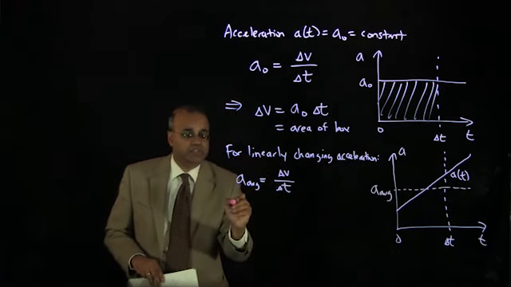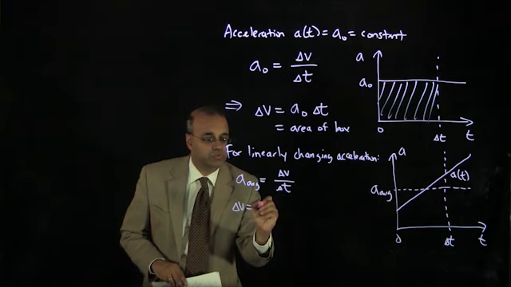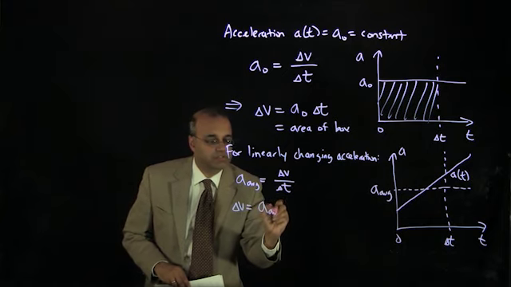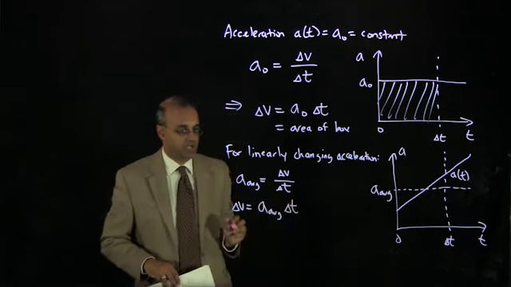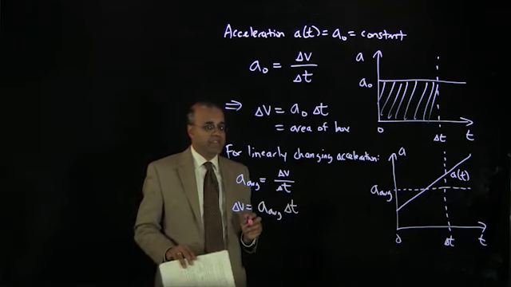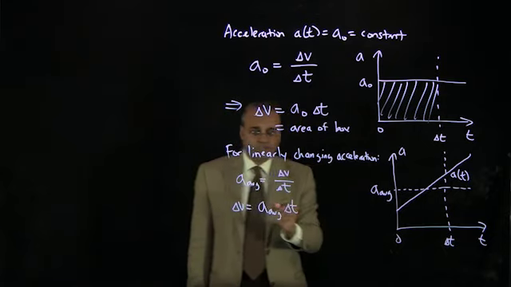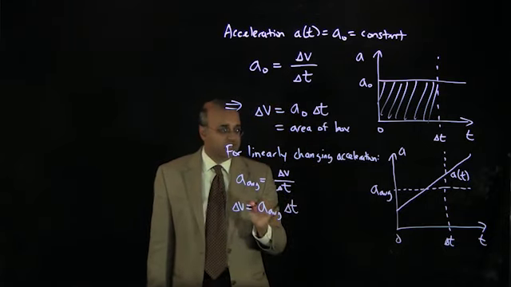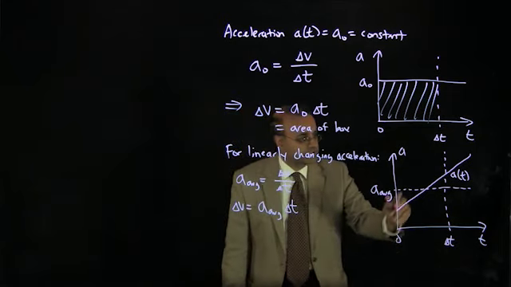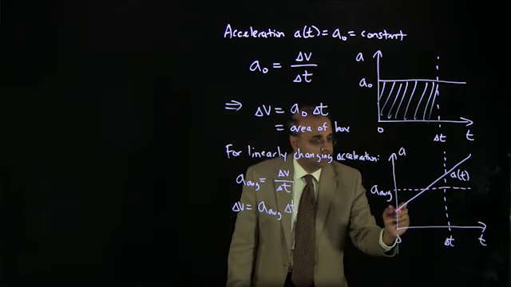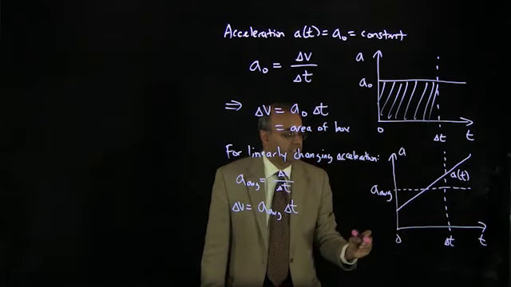And so the change in velocity, delta v, is equal to the average acceleration times the elapsed time. And this time, notice from the diagram, this product is actually the area of this trapezoid, which is basically the area under the a of t function going from 0 to delta t.